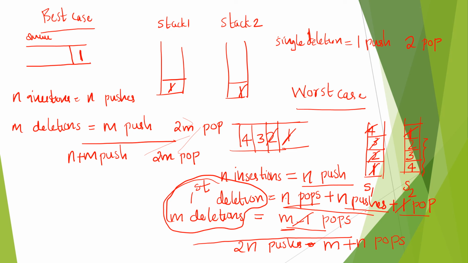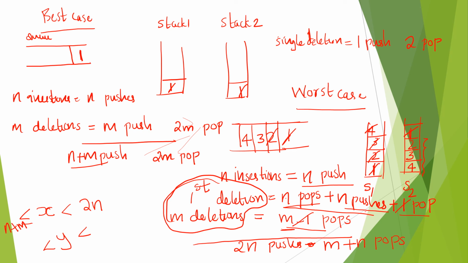The push operation is represented as x in the question. So x may vary from n plus m pushes in the best case to 2n pushes in the worst case. For the number of pops we use the variable y.